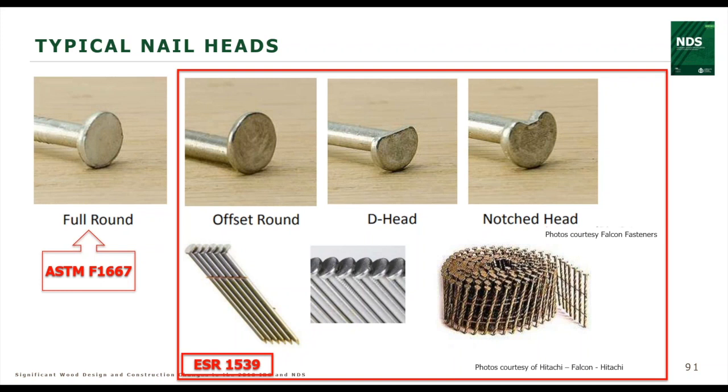So if you go into the ESR 1539, you'll see tables that look pretty similar to the tables that you see in the NDS and in the special design provisions for wind and seismic, and they provide design values in a format that's very easy to understand if you're familiar with the NDS provisions. So you can use other fasteners besides ASTM F1667, but primarily, when we're talking about nails in this standard, and what I'm talking about today, I'm dealing with standardized F1667 nails.